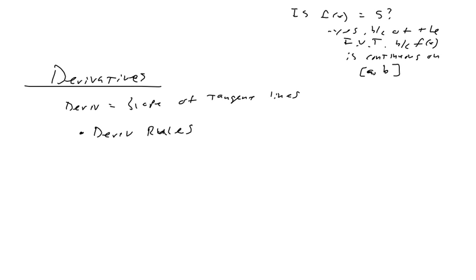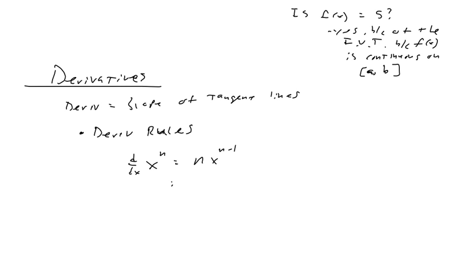The derivative d dx of x to the n is n x to the n minus 1, etc. All the rules, right? The quotient rule, product rule, chain rule.